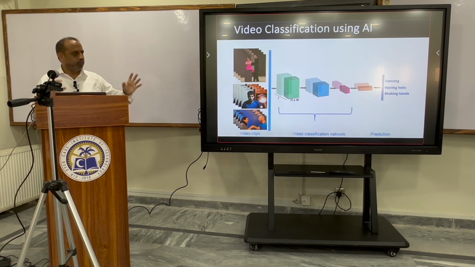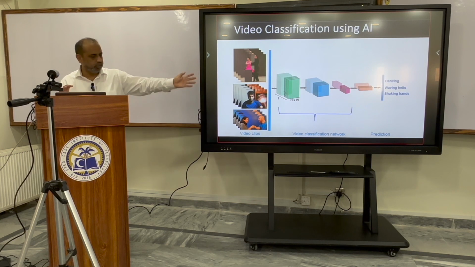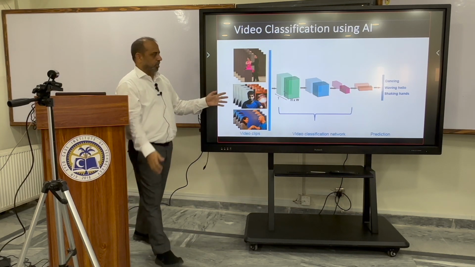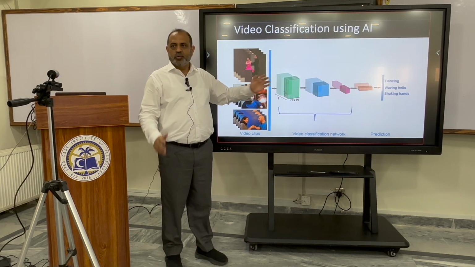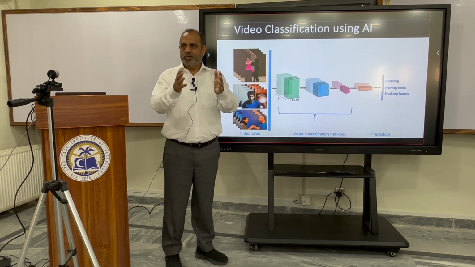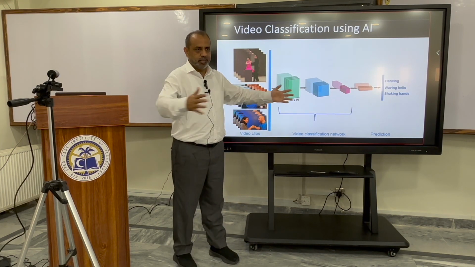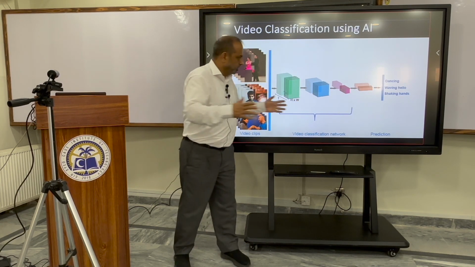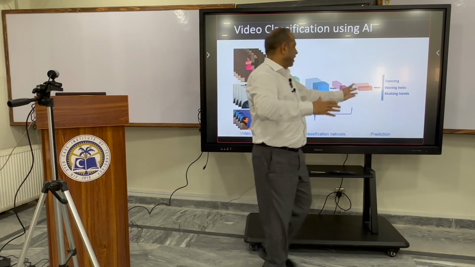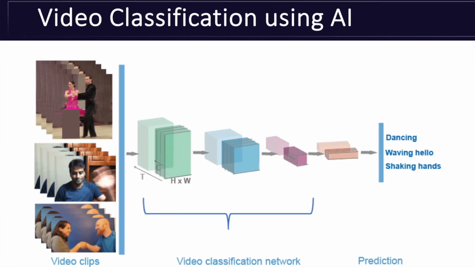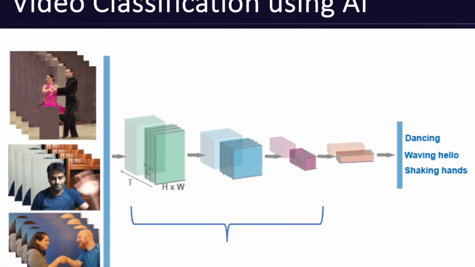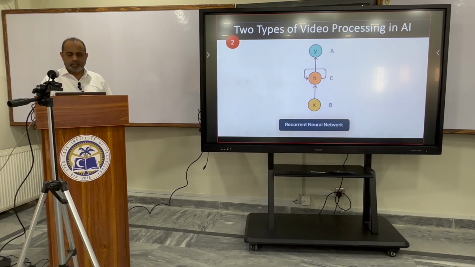There is a benchmark database which has all these videos, a few seconds each, but the entire few seconds has to be fed to the model. The model is trained to take this many frames, so you feed all the frames. You can see the amount of computation the model has to do is humongous, because it is processing everything in parallel and then finally coming to a decision whether what you have is dancing or waving a hand.